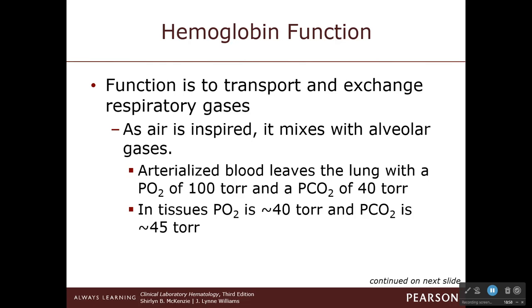All right. So, since we're talking about affinity, let's talk about this real quick. I'm getting ahead of myself, so you may change slides if you want to. There's a slide in there that talks about tense state and relaxed state.